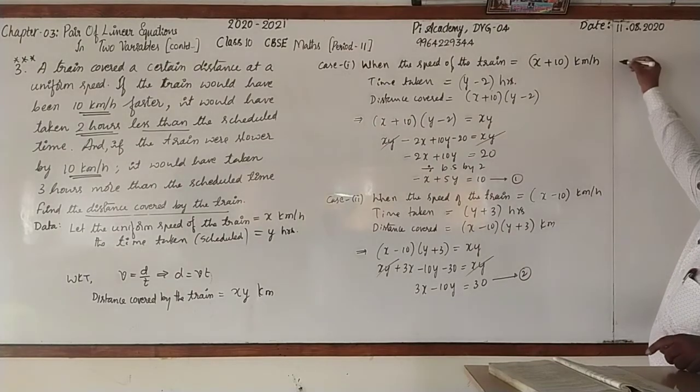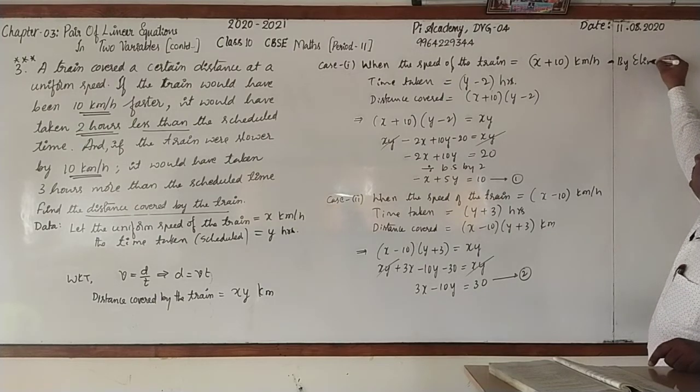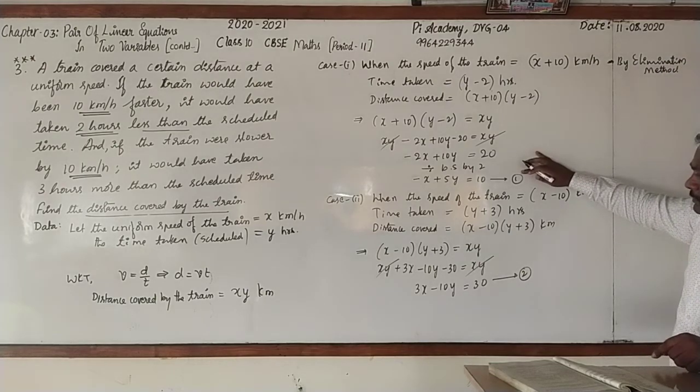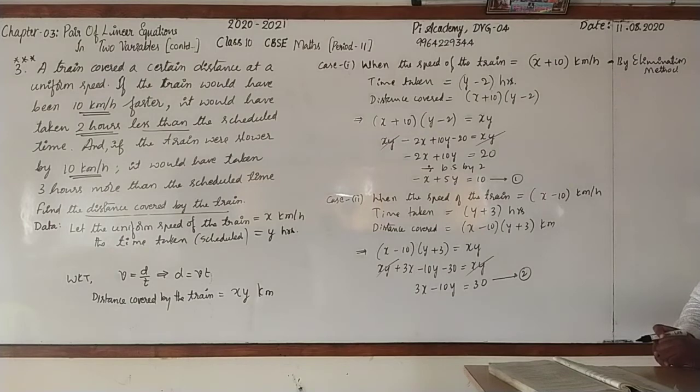Elimination method. Here I'll write, by elimination method. Observe. Here minus x plus 5y equal to 10. Then 3x minus 10y equal to 30.